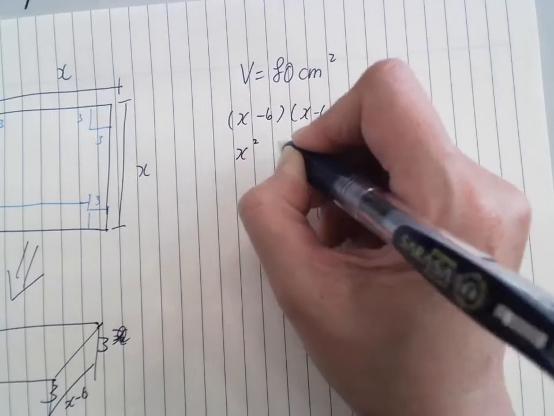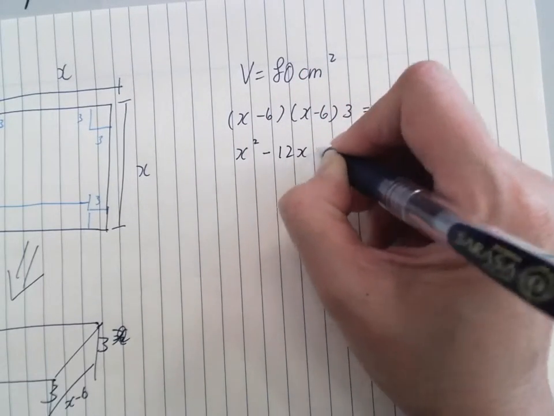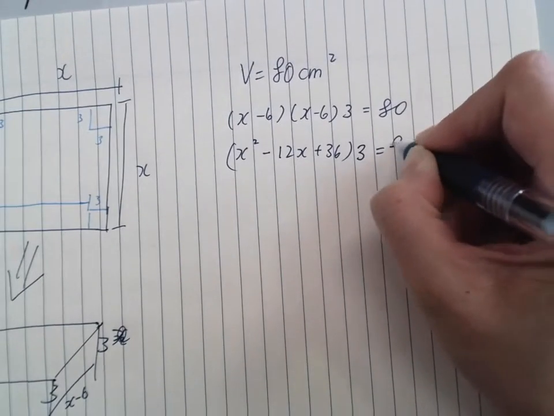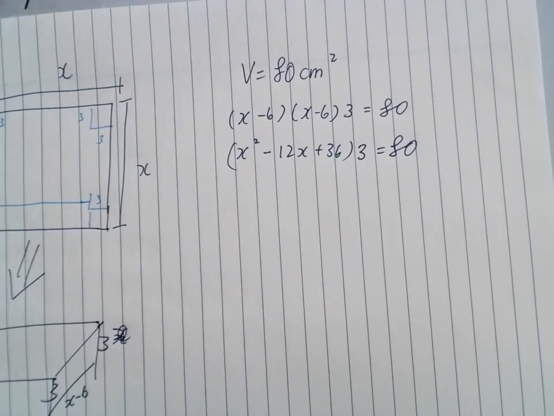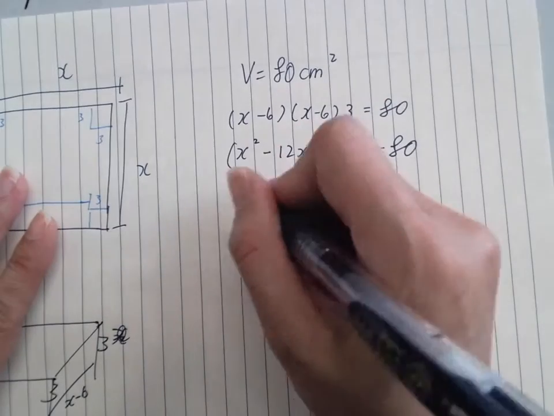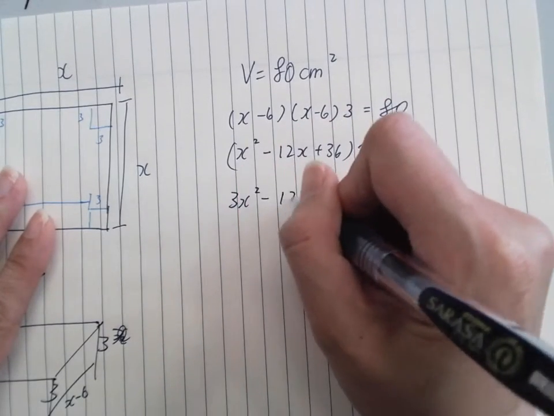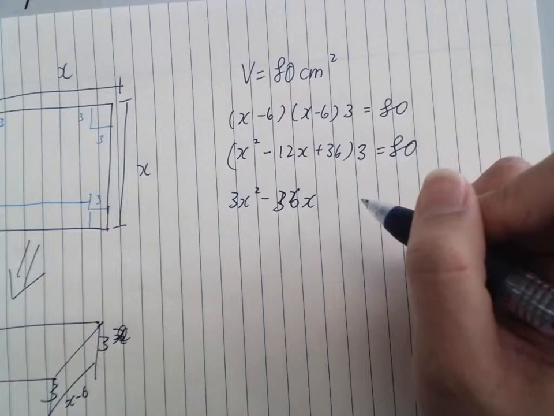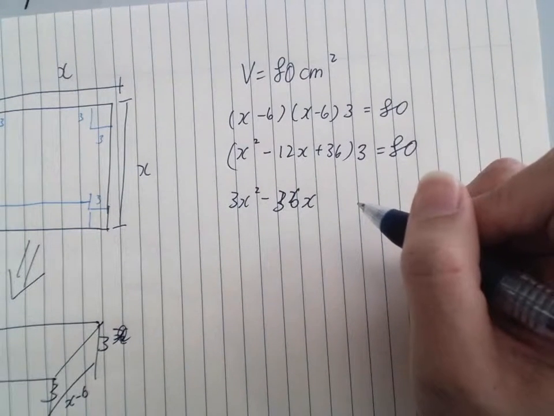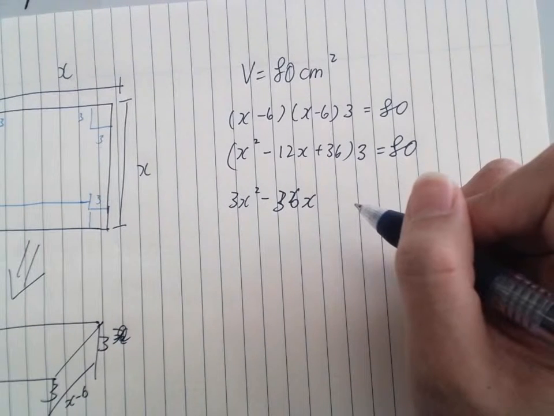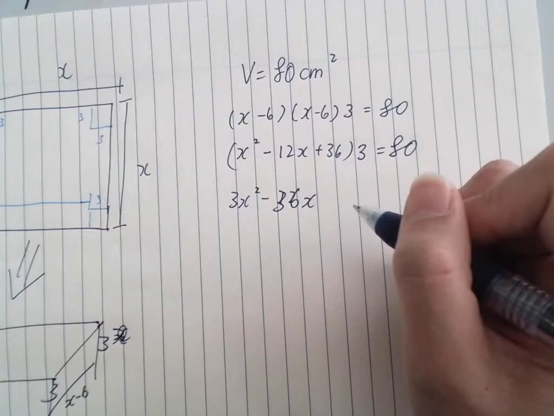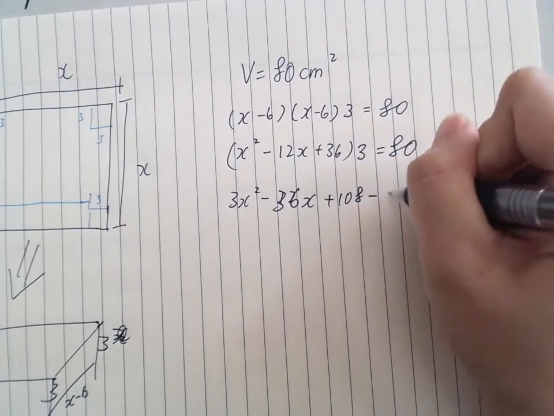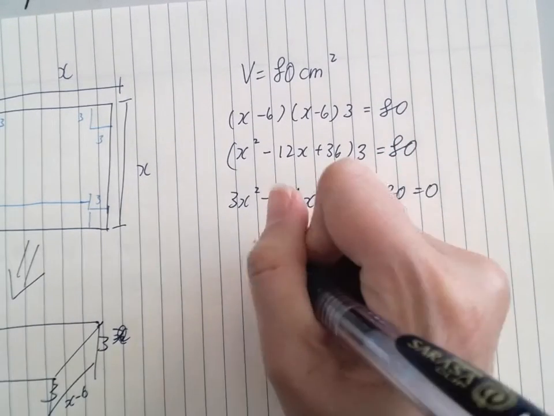So it's x squared minus 12x plus 36, all times 3. 12 times 3 is 36, so we have 3x squared minus 36x plus 108 minus 80 equals 0.